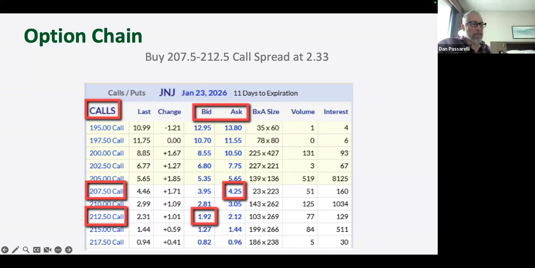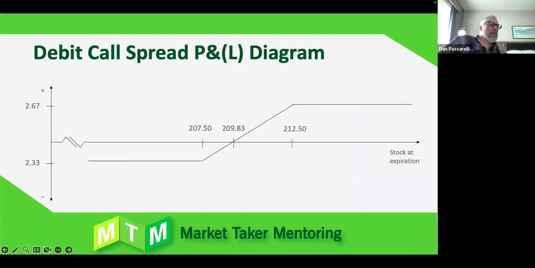I think I'm going to be able to make money on those, but I don't think the stock is going to go over 212.5. And so I think I'll also make money on the 212.5 calls. That's really the best way to look at it. So I'm risking $2.33 to make $6.67.